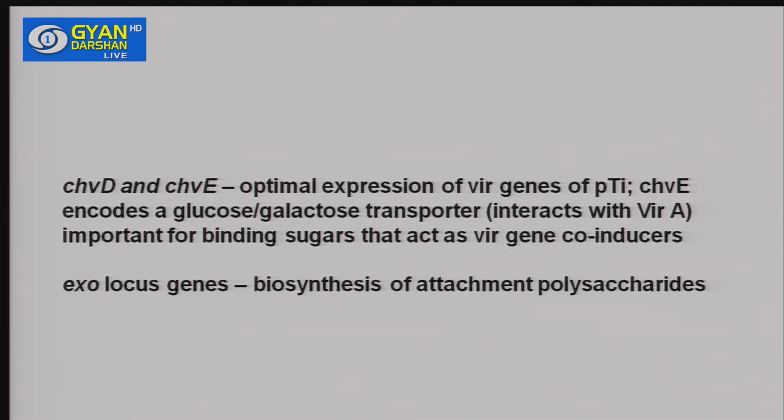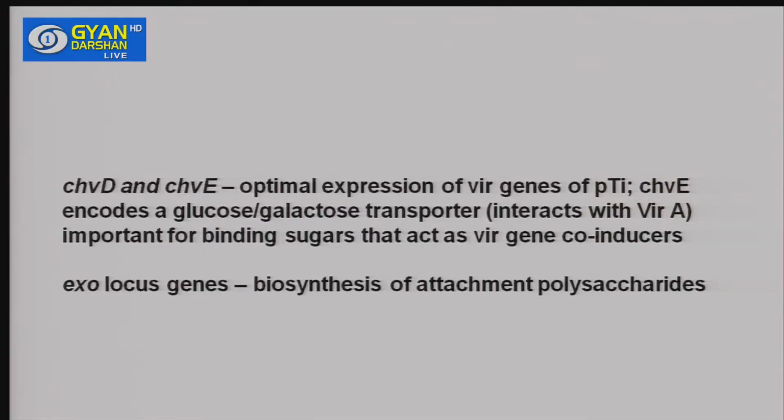I have not come to Vir genes yet, but you have seen that there is a virulence cassette outside the T-DNA region, and that virulence cassette, or the stack of virulence genes, has 8 virulence genes working in the form of an operon, that is VirA to VirH: VirA, B, C, D, E, F, G, H. There are 8 such genes working in an operon system, and those Vir genes are also regulated by CHVD and CHVE.